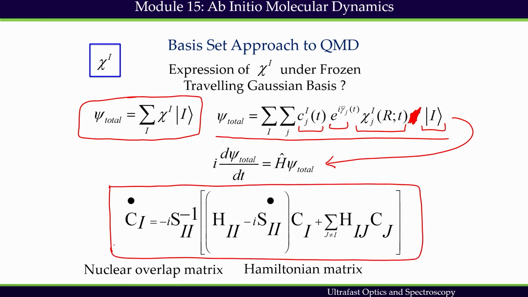The Ci representing the coefficient matrix, Ci dot. And this also gives us the population. It is actually related to the population at the ith state. So, depending on the value of C dot, I will be able to get what is the population at the ith electronic state.